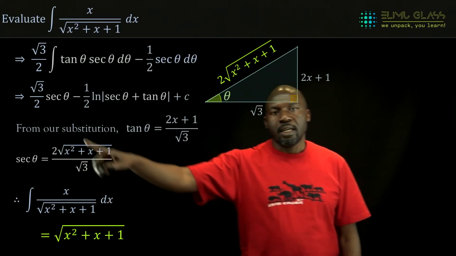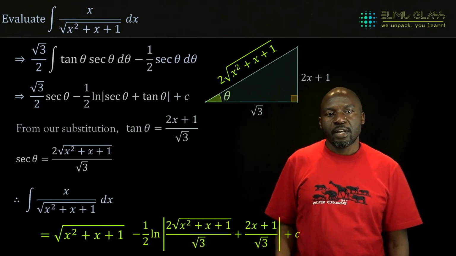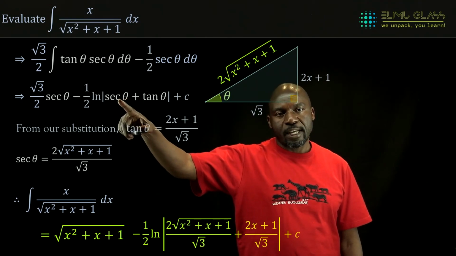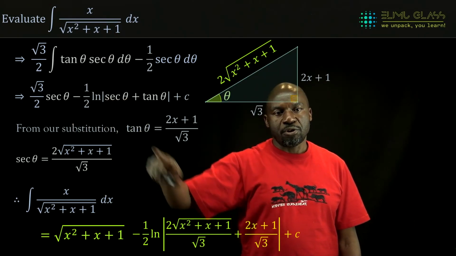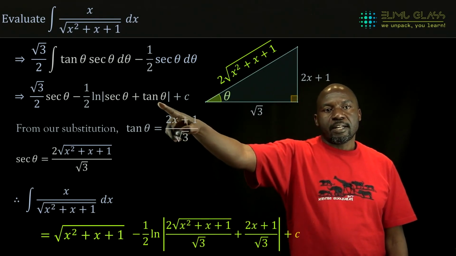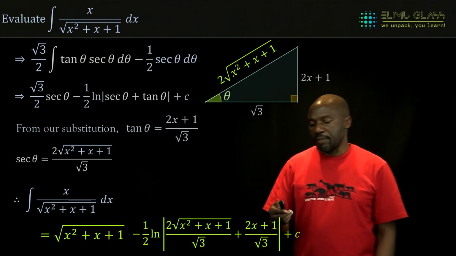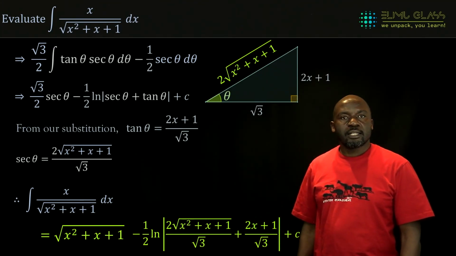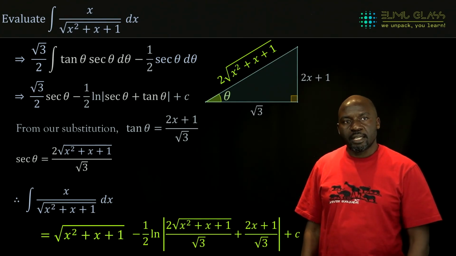That is what this becomes, and the other one becomes half ln of sec, which is this thing here, this time nothing to cancel it with, so it remains as it was, plus tan, which is that thing there. You can simplify if you want, or you can leave it the way it is, and that is the result of that integral.